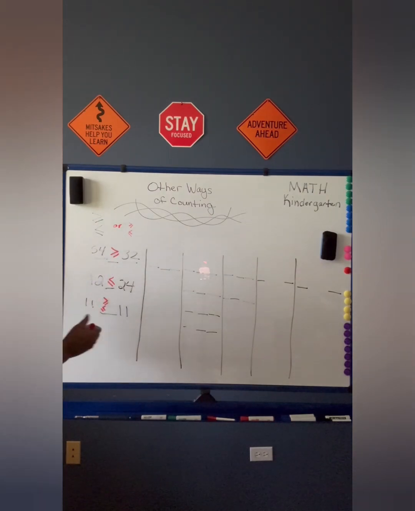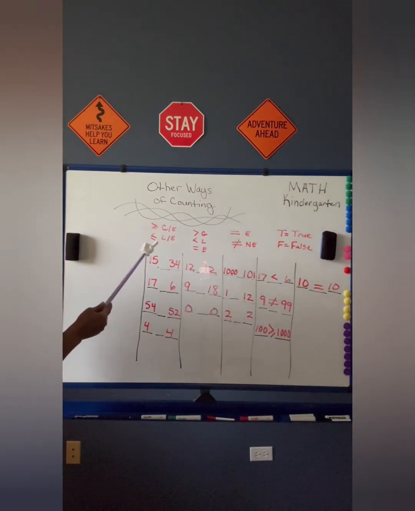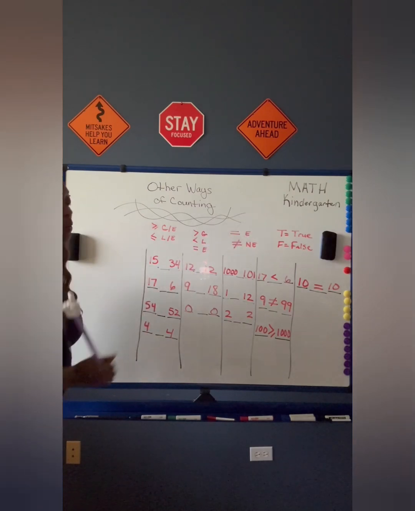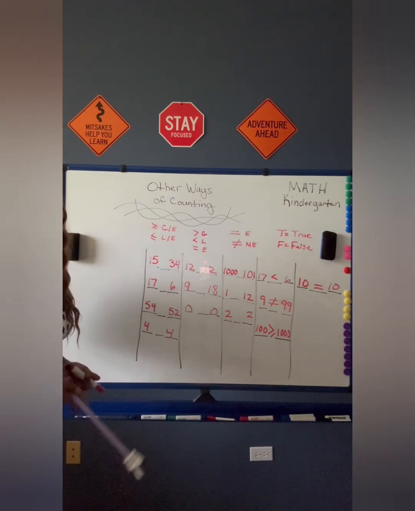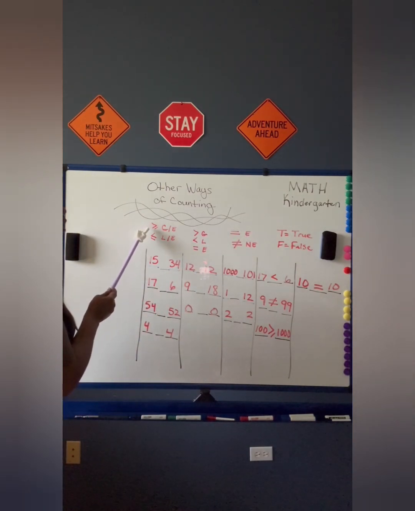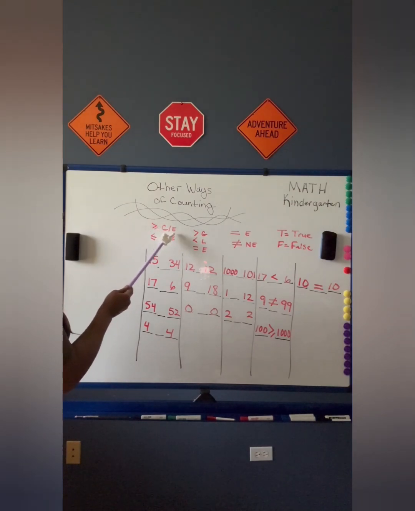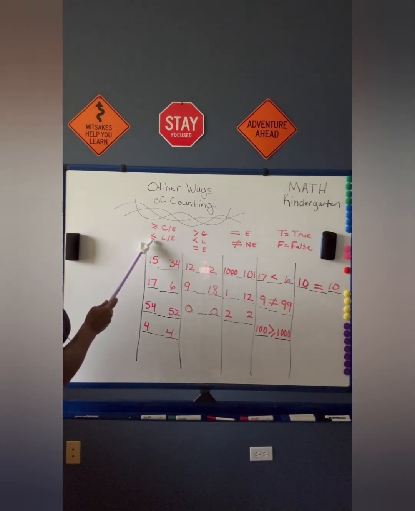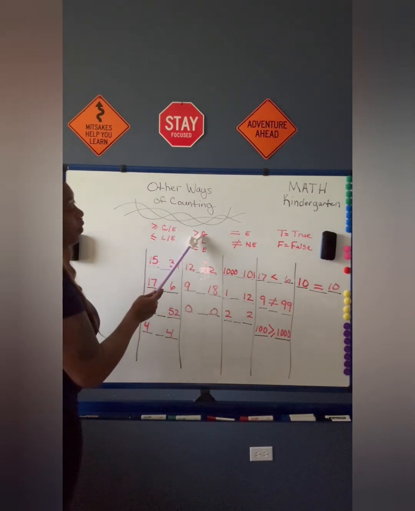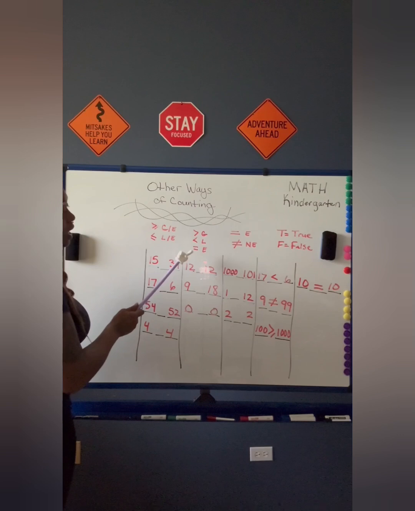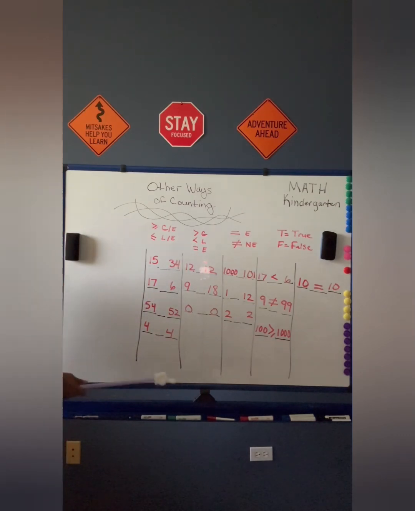And then these are going to be our directions on what the sign is that is asked of you. So this here would be the greater than or equal to. I put G/E, greater than or equal to. This is our less than or equal to, L/E. G for greater than, L for less than, E for equal to.